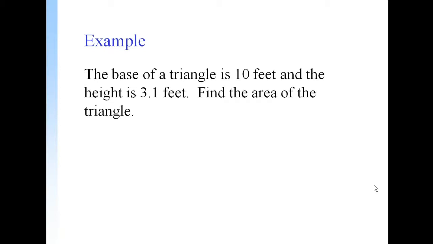Now here's a case where they're going to give us an example and they want us to use the area of a triangle. Now the area of a triangle is area equals 1/2 the length, or the base, times the height.